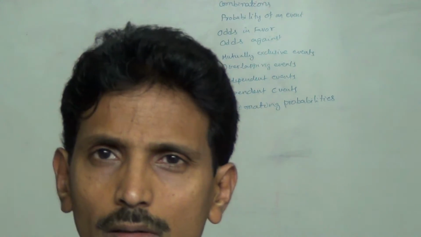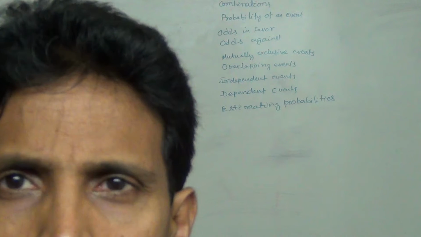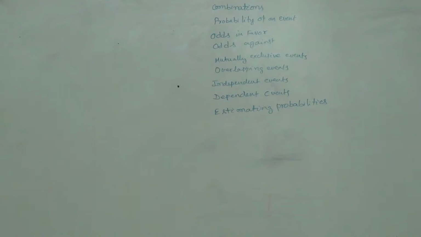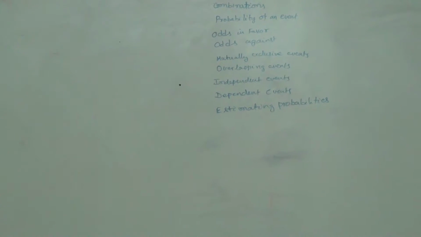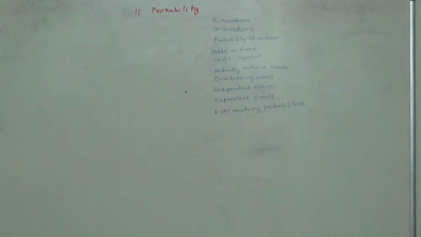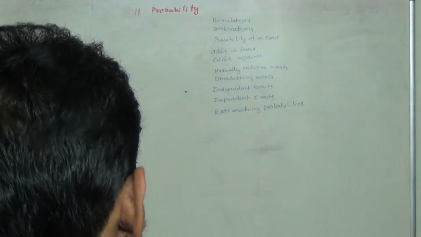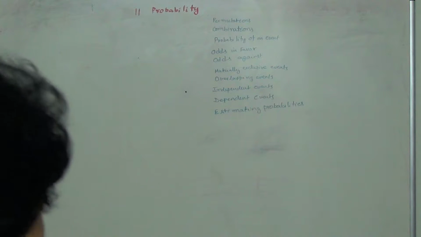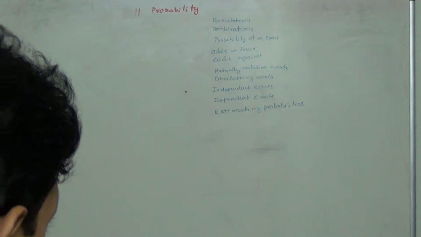Permutations, combinations, probability of event, odds in favor, odds against, mutually exclusive events, overlapping events, independent events, dependent events, estimating probabilities.